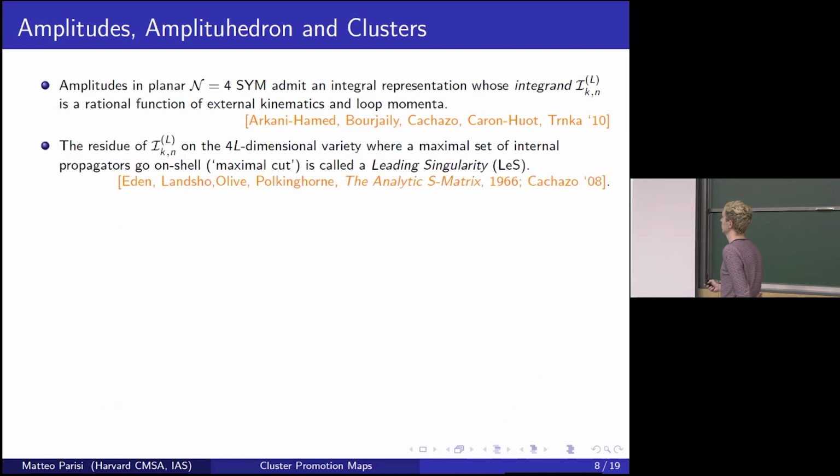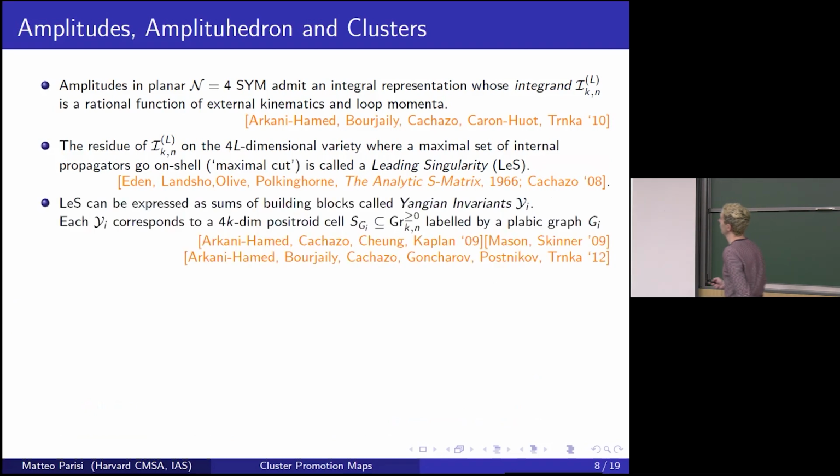And we already saw in this conference that the residues of the integrand on the 4L-dimensional variety where a maximal set of internal propagators goes on shell, also called the maximal cut, is called the leading singularity. So leading singularities are very important to understand the singularity structure of scattering amplitudes, and in particular can be expressed as a sum of building blocks called Yangian invariants, Y_i.